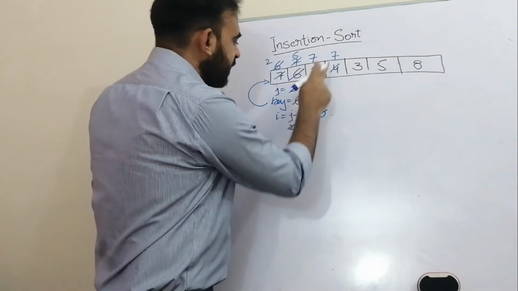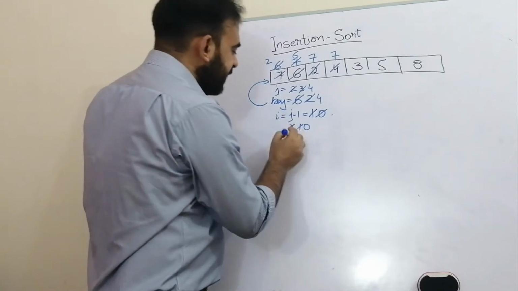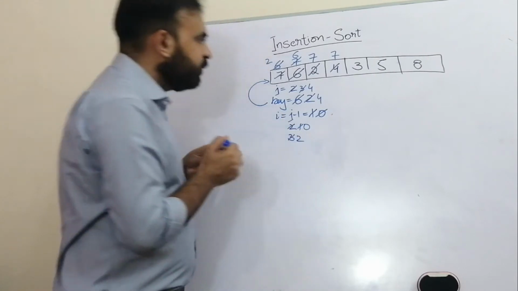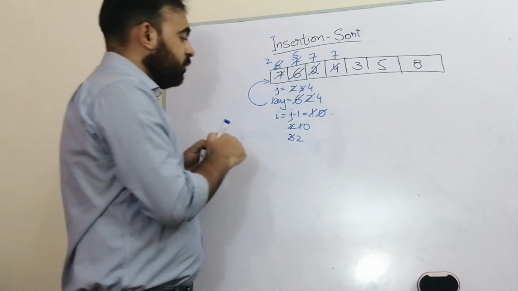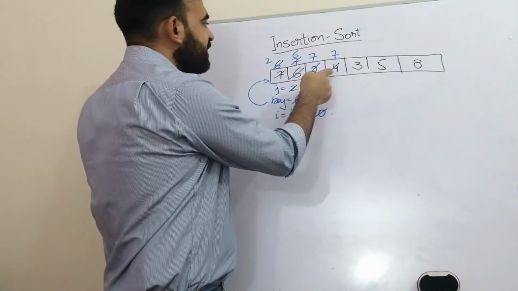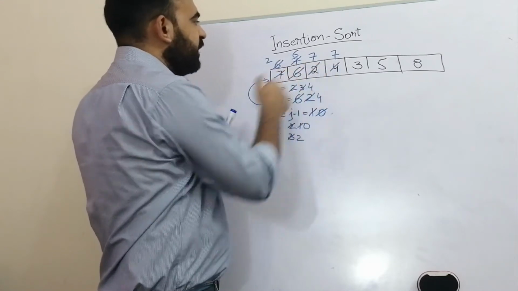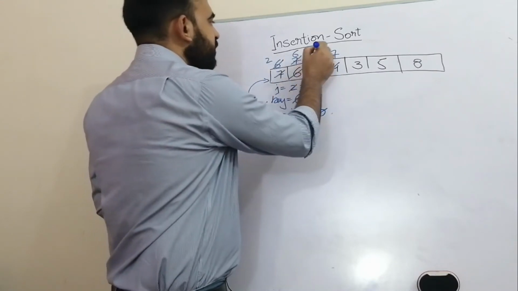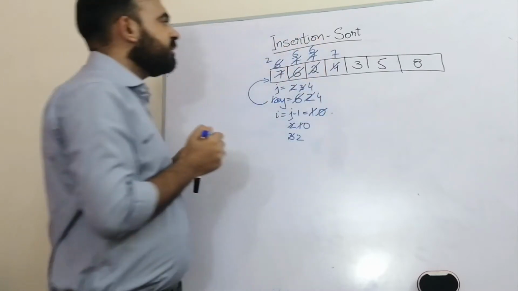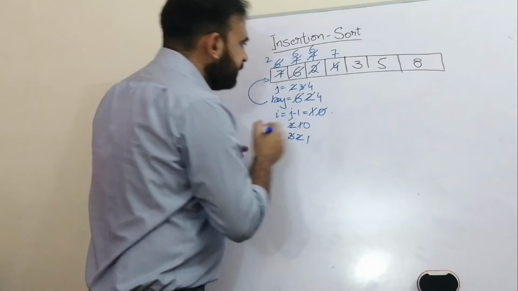Before that, i will be reinitialized to 3, and then i will be decremented to 2. Now our key element is compared with the previous element, which is 6. 6 is also greater than our key element, so it will also move. i will be decremented to 1.